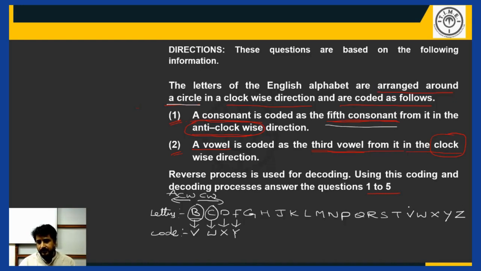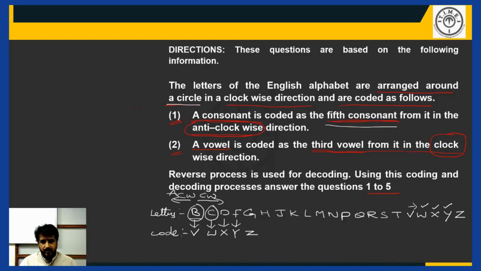Starting from V, we are writing the consonants consecutively: V, W, X, Y. So what will be next? Z.